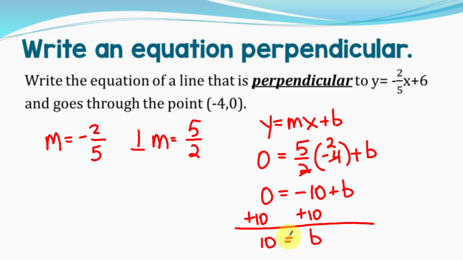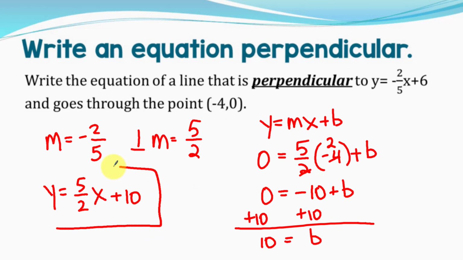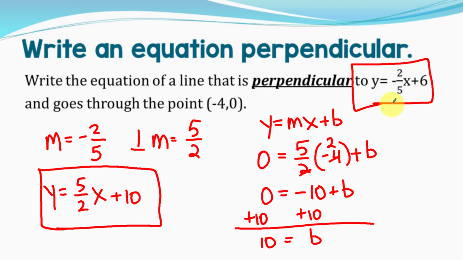All right, so then I'm going to write my new equation, leaving y blank, putting in my new slope, leaving x blank, plus 10. And that would be the equation of a line that would be perpendicular to this one going through the point negative 4, 0.